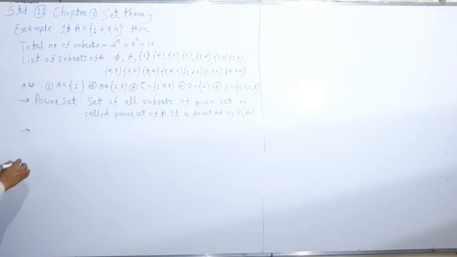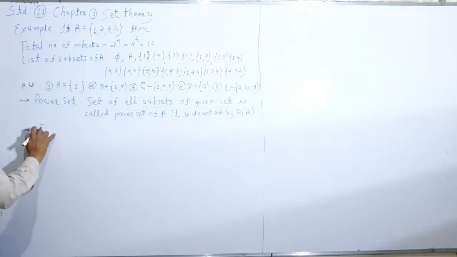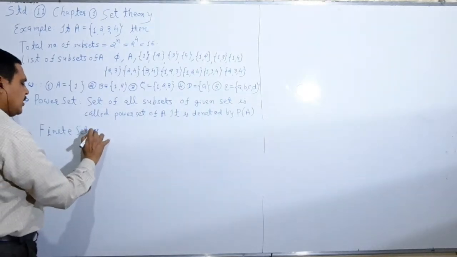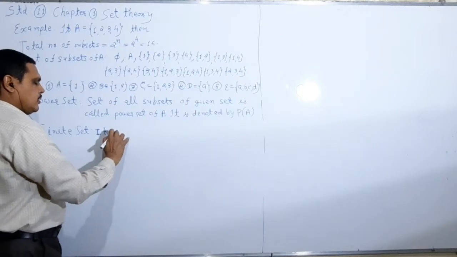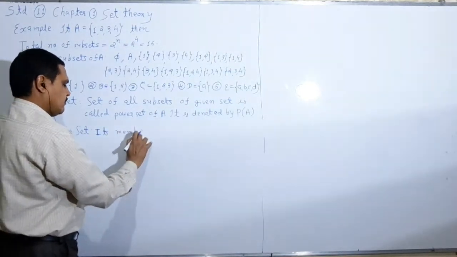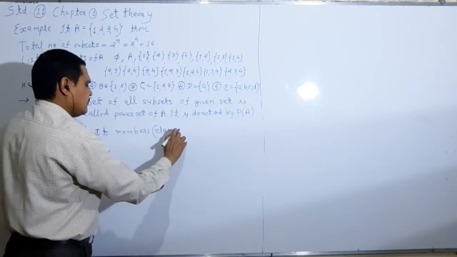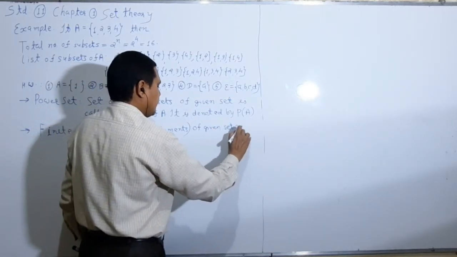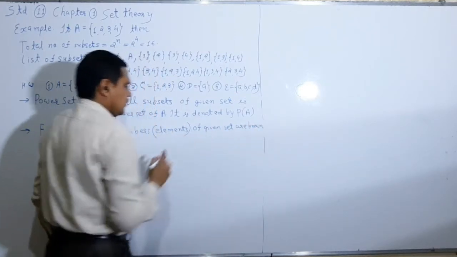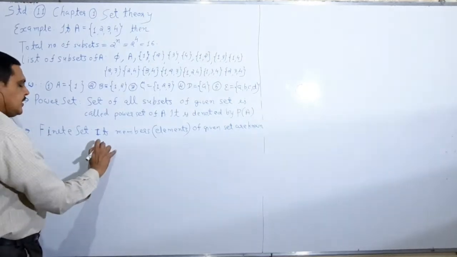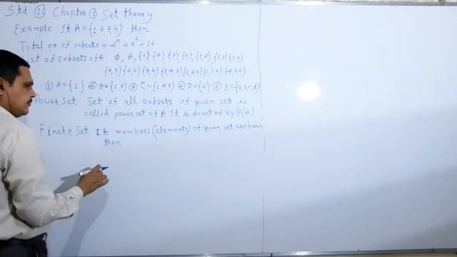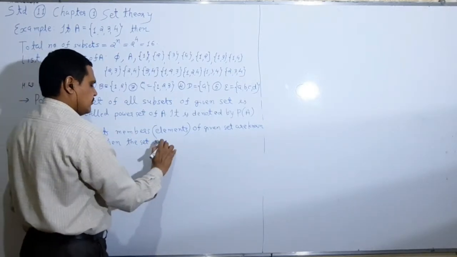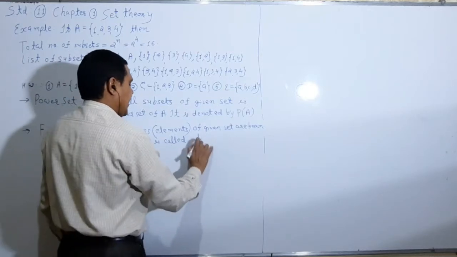Now the next point is finite set. If members or elements of a given set are known, that means can be countable, then the set is called finite set.